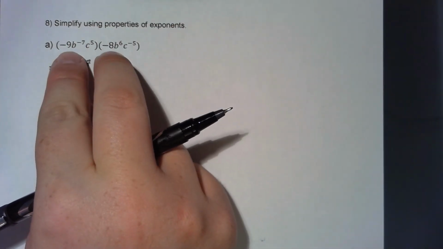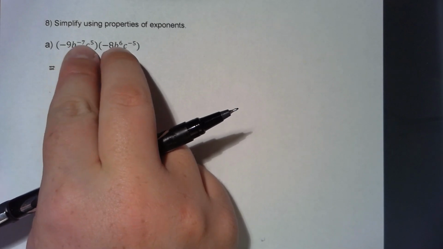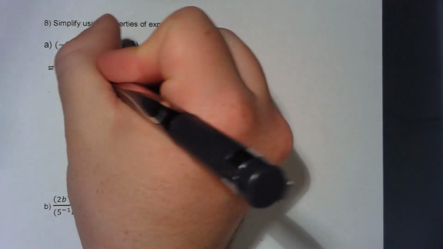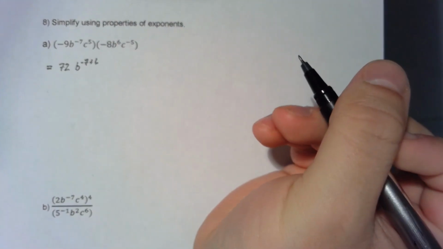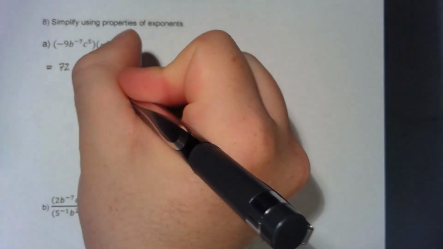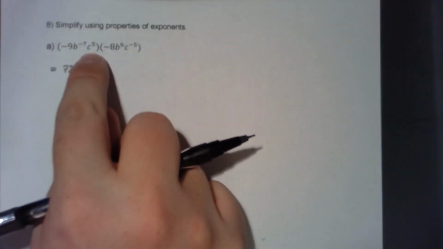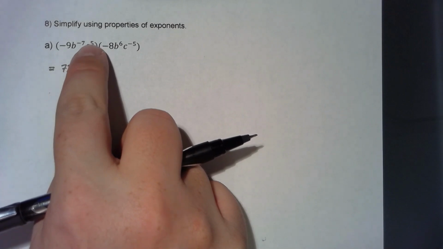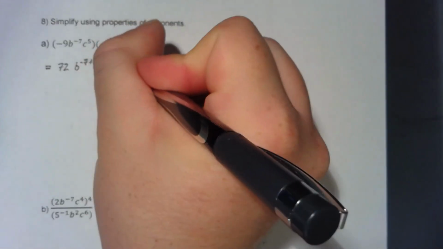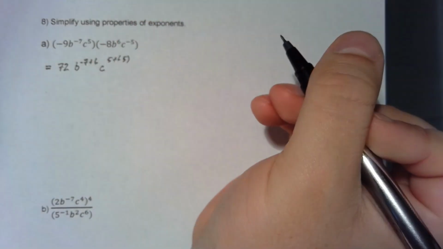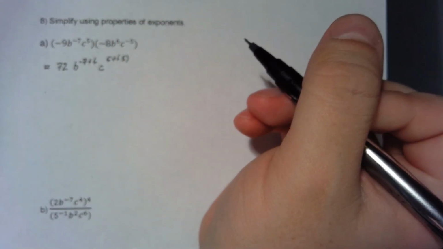So when you multiply the bases, right, you're going to add the exponents together. So that's going to be negative 7 plus 6. That's the power there. And then c, so when you raise c to the 5th power, so c to the 5th times c to the negative 5th, you're going to add them together. So that's going to be 5 plus negative 5, which is the same thing as 5 minus 5.